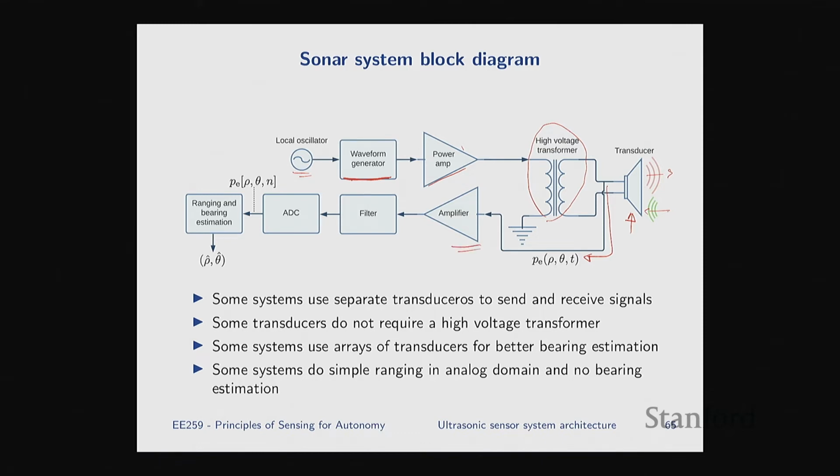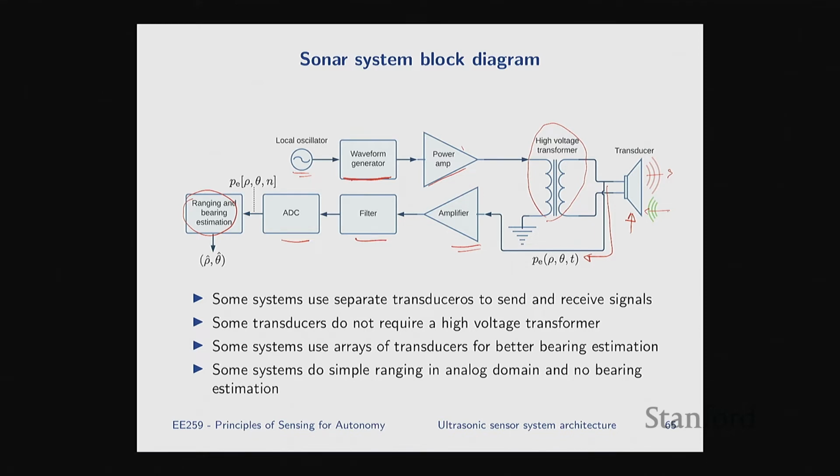As we do in any sensor, usually the first thing you want to do is to amplify because you want to maximize your signal-to-noise ratio. Then you apply some filtering to get rid of out-of-band noise and just keep the frequency content where there is signal. And then you digitize it through an ADC, and then you do some processing in DSP to estimate your range and bearing angle. And we'll talk about the processing.